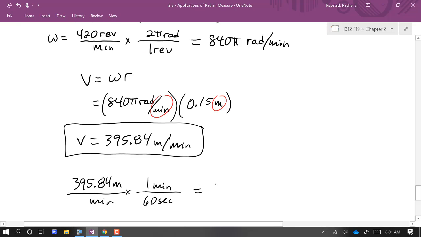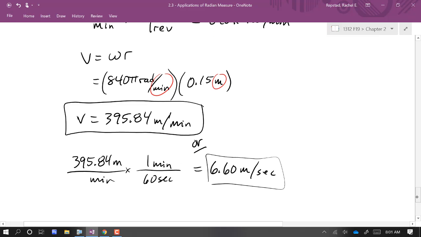That gives about 6.60 meters per second. Okay, that finishes up chapter 2.